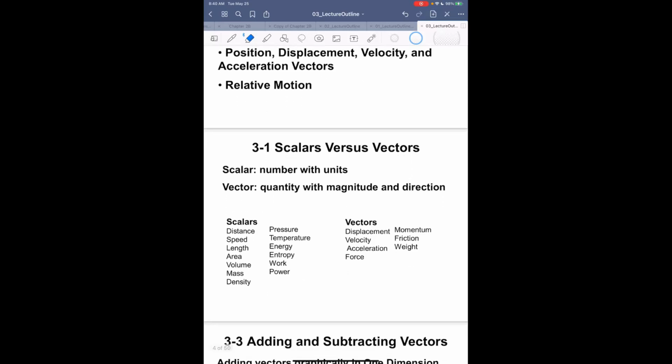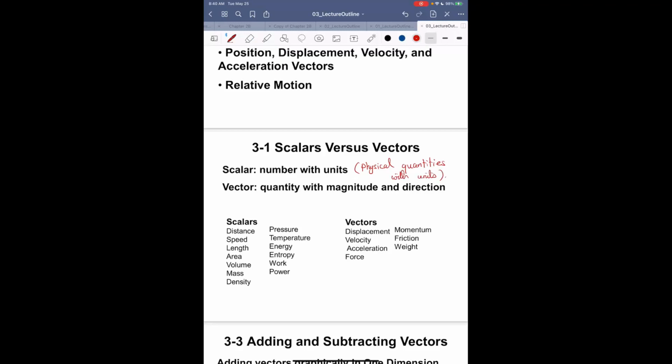Now, scalars or scalar quantities are really numbers with units. I prefer to say they are physical quantities, because these things are really more than numbers. Physical quantities that can be expressed with only numbers and units.